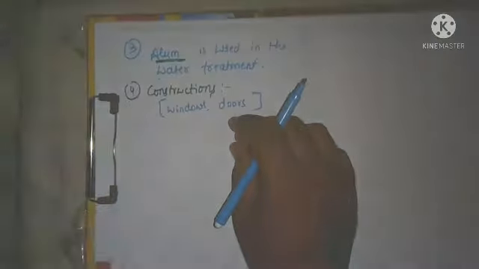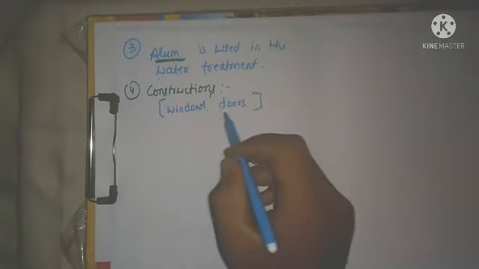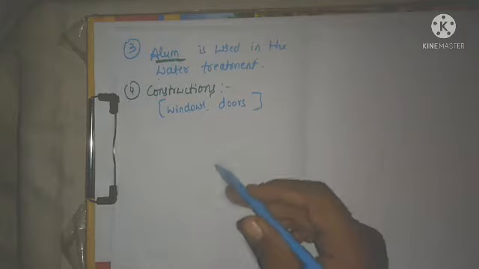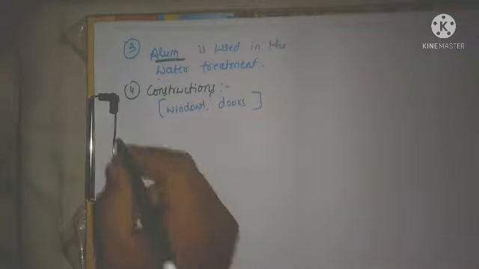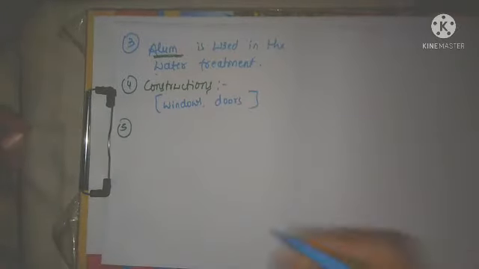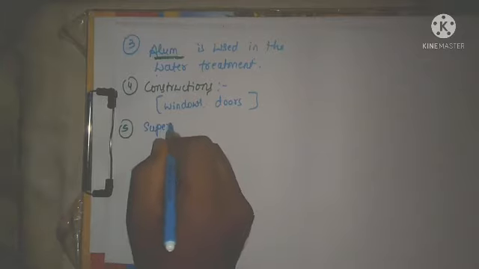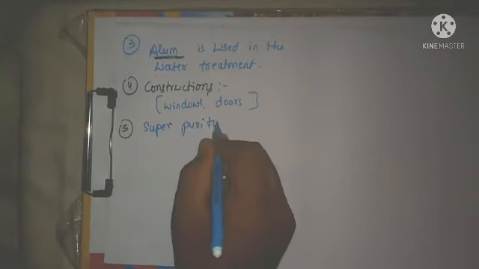Next, the fourth one is in constructions, that is for making windows and doors, etc. The aluminium is used for making windows and doors in construction. Next, the last one, the fifth one, is highly pure, that is, I am writing super purity aluminium.